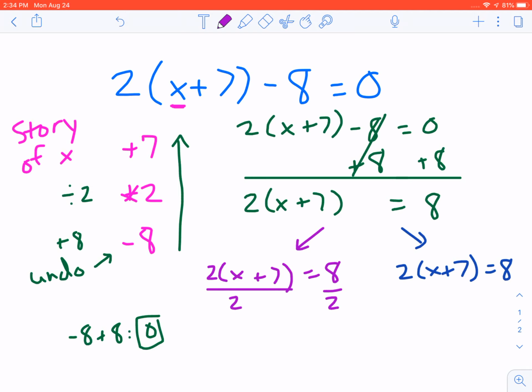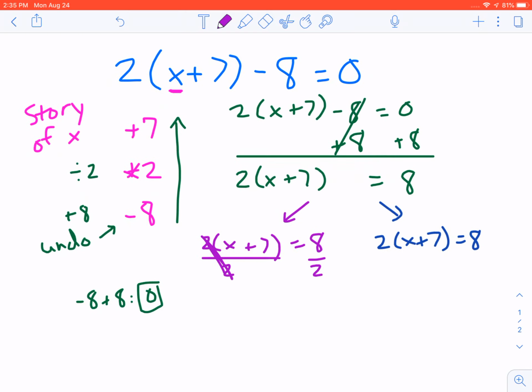And what's happening here is I'm going to do 2 divided by 2. And 2 divided by 2 is simply 1, which is why I can get rid of this. Because if I took 1 times anything, I get anything. Which leaves us with x plus 7 equals 4.